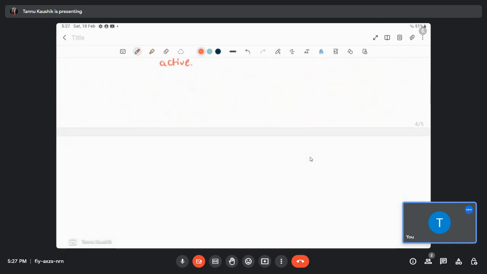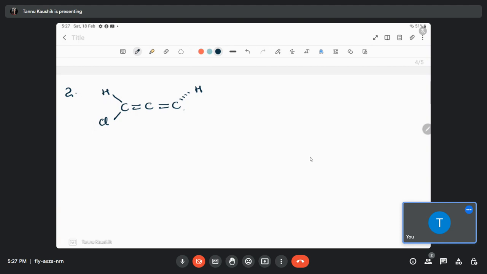So let us take another example. We will be taking an allene with even double bonds, which has two atoms, a proton and a chlorine atom. This is this hydrogen atom and chlorine atom present in the plane of the molecule. Let me show it.